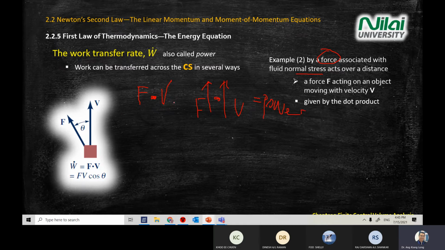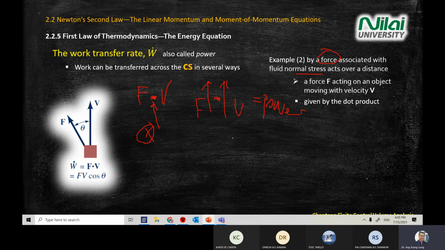When you talk about power, you look at force and velocity, and you are using dot product, not cross product. We are using dot products to calculate the power. So the scenario where force and velocity will generate power, or give a value as a dot product, is when the force is parallel to the direction of your velocity. Then you generate power.